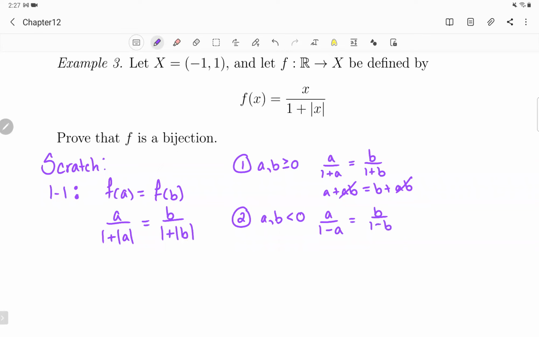Again, we cross multiply and distribute. Again, we have matching A's and B's, they just are negative this time. So again, we're getting A equals B, which is what we want for one-to-one.